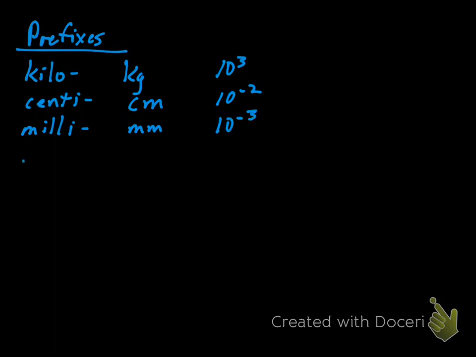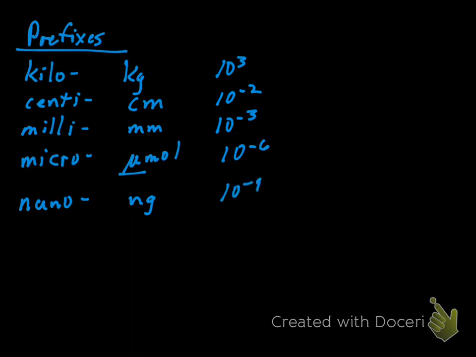So obviously we're getting very, very small here. Micro. So maybe a micromole. That's 10 to the minus 6th. And micro here is represented by a mu, right? So that's the Greek letter mu. 10 to the minus 6. We also have nano. Maybe like a nanogram, right? It's 10 to the minus 9. Pico.